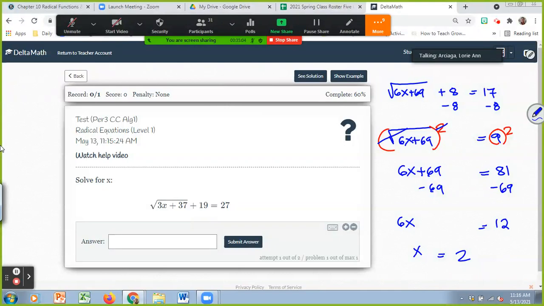So try out this question first on your own. Two minutes. Give it a try. I know you can do it. Come on.